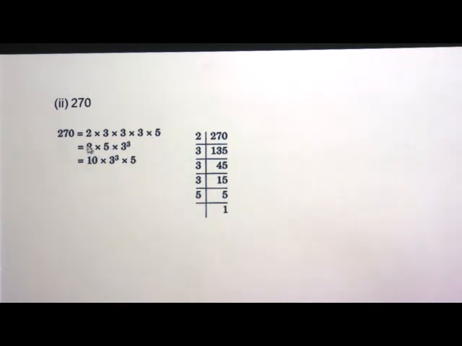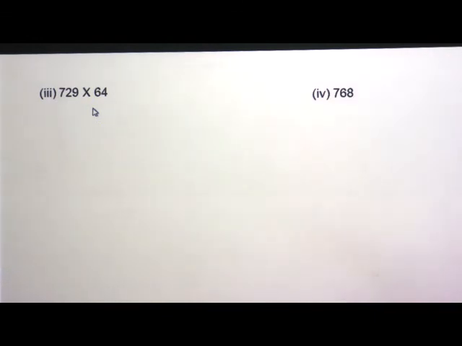So, we can multiply 5 twos, which is 10, and write 3 cube. This will be the answer, the exponential form of 270.